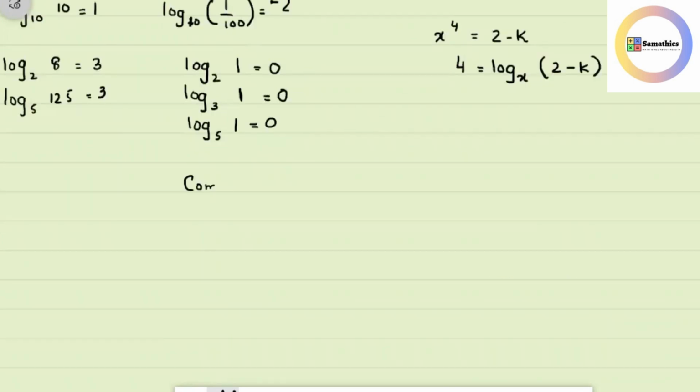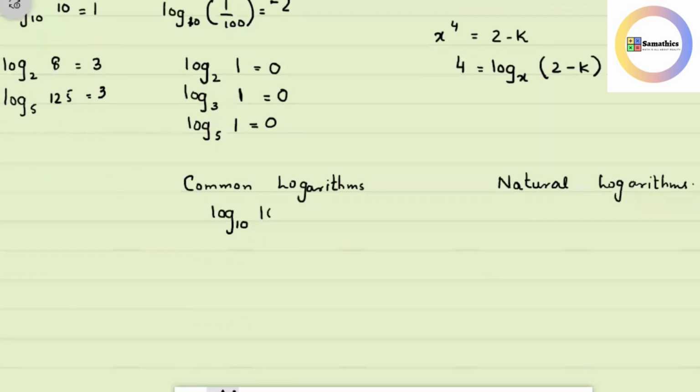There are two different kinds of logarithms: common logarithms and natural logarithms, right? In this, when the base of the log is 10, then we write it as lg.